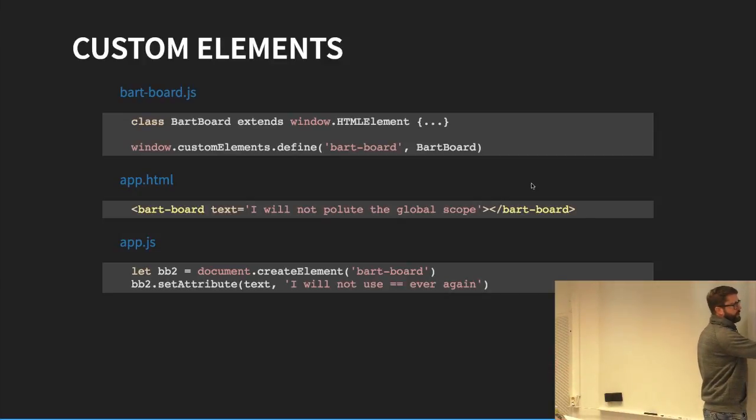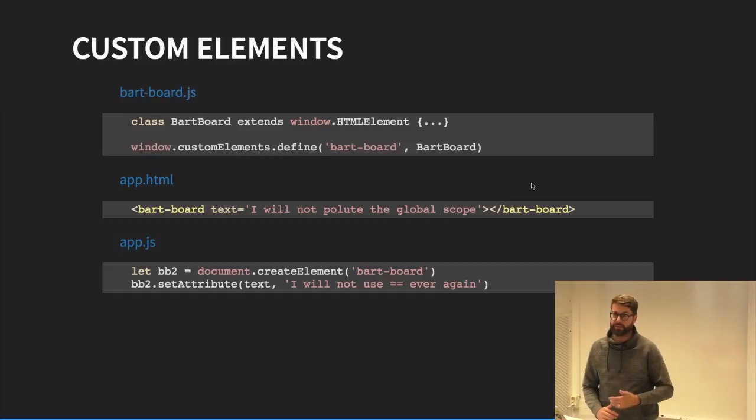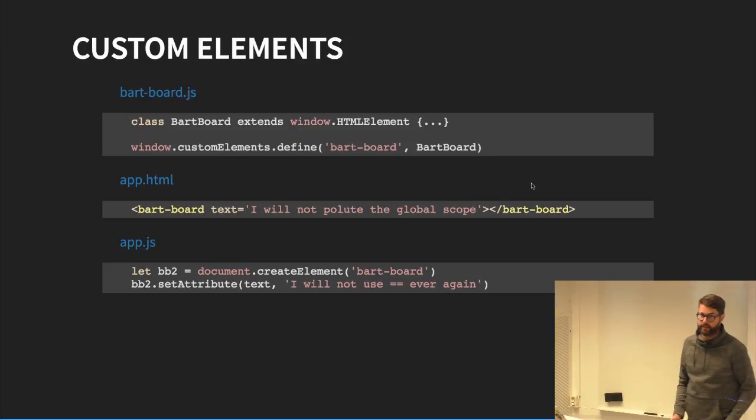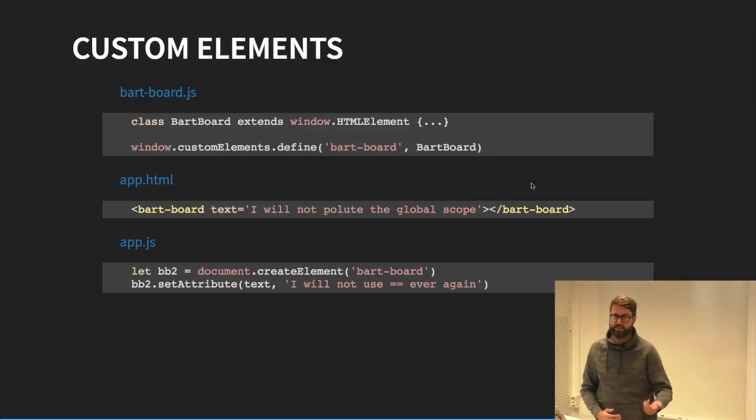So we create a class called Bartboard that extends window.HTMLElement. So we are basically saying we want to extend an HTML element, an empty element. You can extend other elements as well. You could extend the video element, for instance, if you want to change the behavior of a video component.